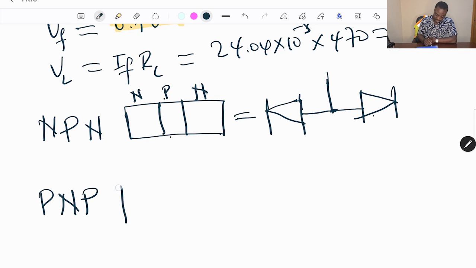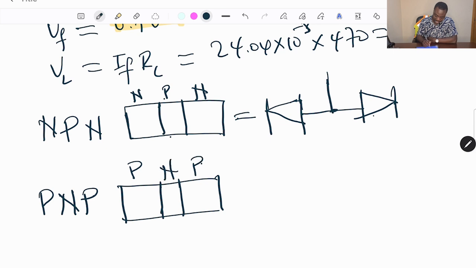Now, we can do the same thing for the PNP bipolar junction transistor, meaning we have two P regions and then one N region. So this will also be equivalent to this.